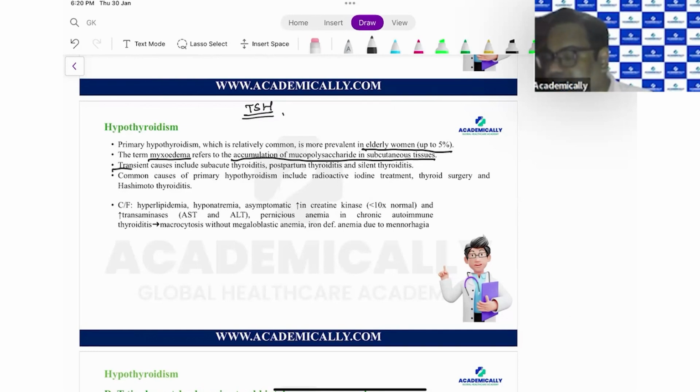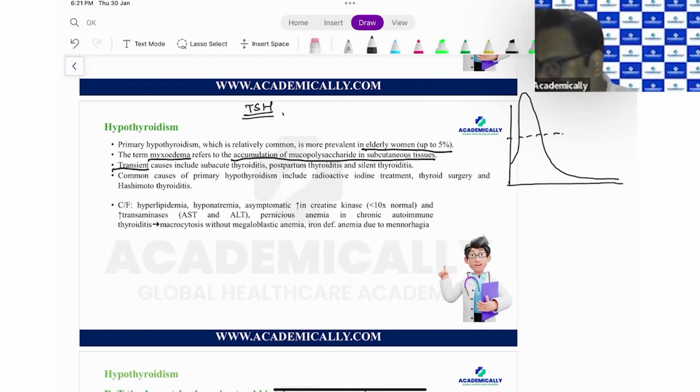There could be transient causes, like thyroiditis. Now, what happens in thyroiditis? If you see the graph of thyroiditis, you will see that in most thyroiditis, thyroid levels rise and they come down like that. So if this is the normal level, this is the level at which they are euthyroid.